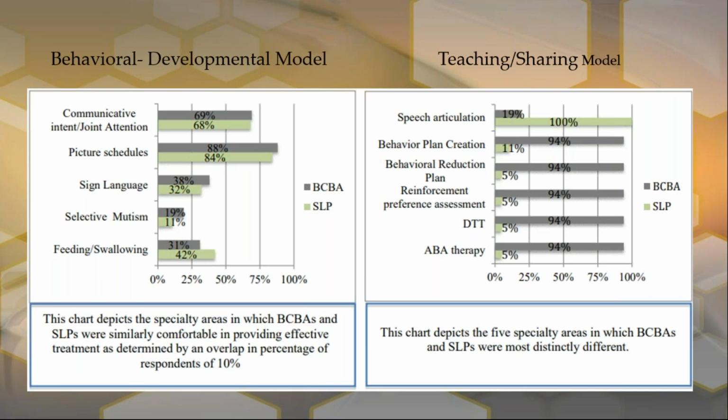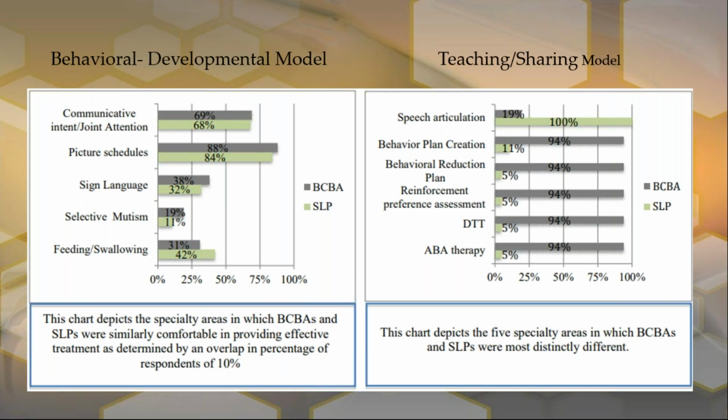Essentially what they found from this survey was that there are areas where both BCBAs and SLPs were similarly comfortable in providing effective treatment, but there were also areas that were very distinctively different. Essentially, there are benefits to collaboration and there are barriers to collaboration.